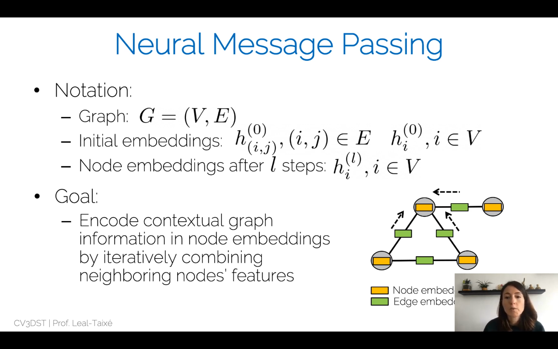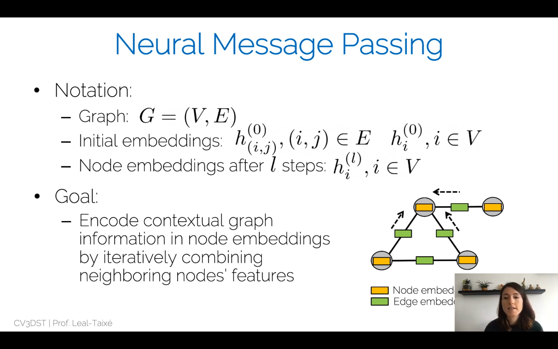So this is what we represent by H_i superindex L. This means that the node embedding for our node i has been updated L times. So there have been L message passing steps that have updated the node embeddings with information from the neighbors.